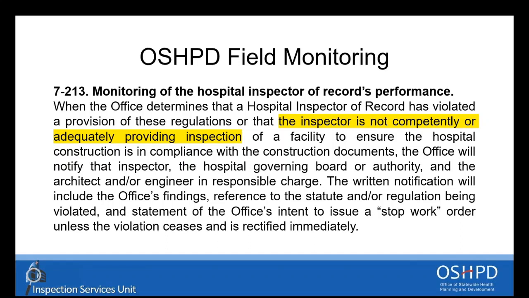If the IOR is not competent or adequate, the field staff will note it in his or her field visit report and then inform the governing board or authority. If it's a severe case, the field staff will inform the RCO to recommend a stop work order, and the RCO will be the person to determine if a stop work order will be issued.